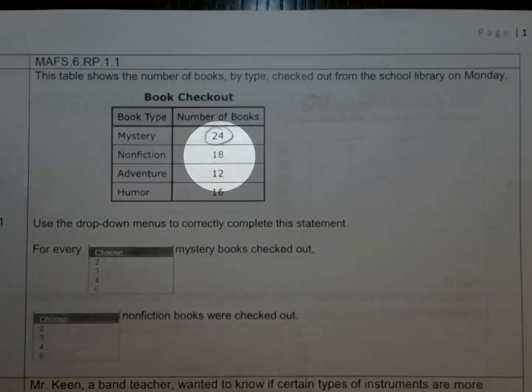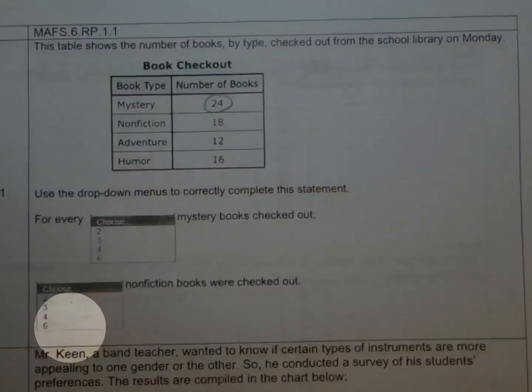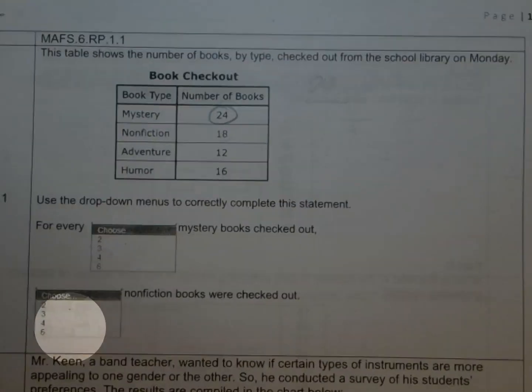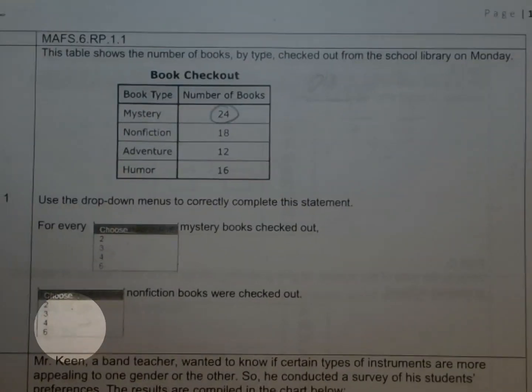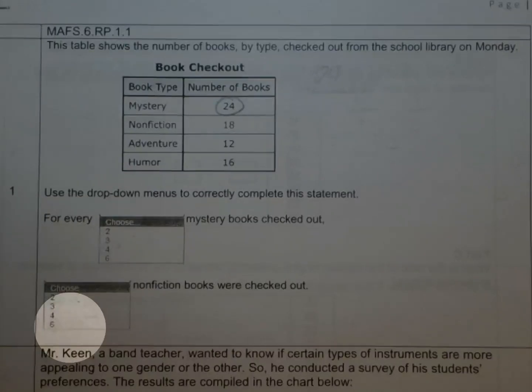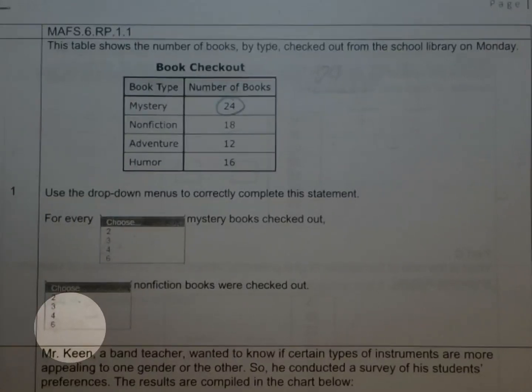The second sentence is blank non-fiction books were checked out, and we have to go back to the table and look for the word non-fiction. For this group we have 18 books. We're going to circle this group.